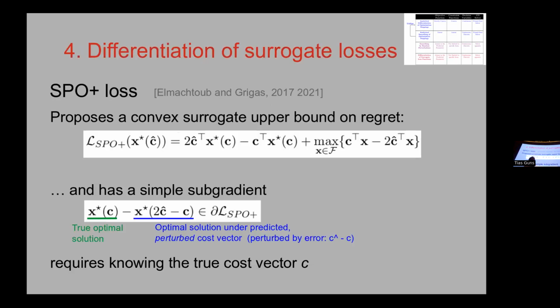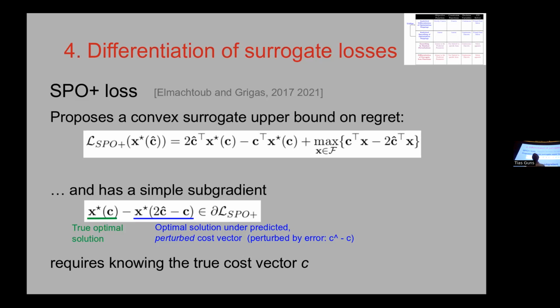And then the fourth row in the table is differentiation through the use of surrogate loss functions. And the most well-known, and also in experiments, one of the most empirically stable methods is the SPO plus loss from El Ghaoui and Grigas, first on arXiv in 2017.